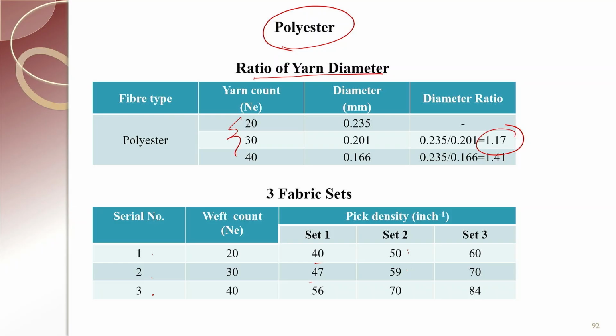To keep the cover factor the same between 20s yarn and 30s yarn, we have to increase the pick density from 40 to 47, which is nothing but this ratio. So, 47 by 40, this ratio is as per the ratio of the yarn diameter.